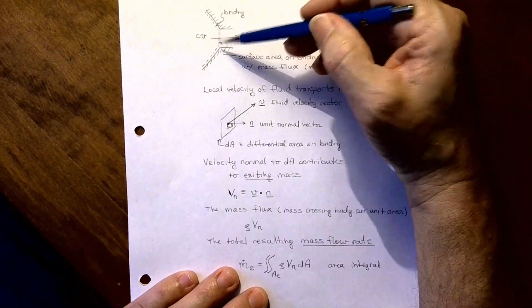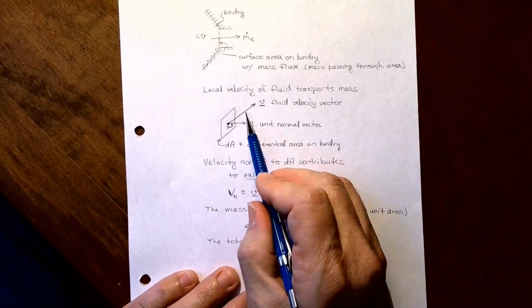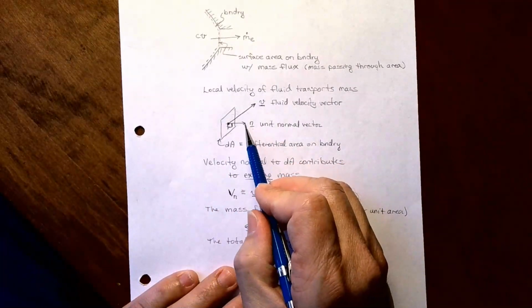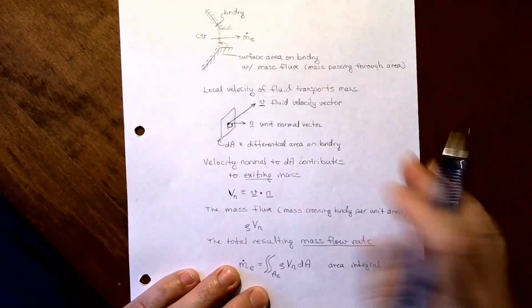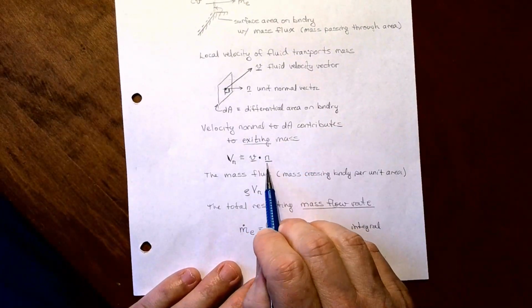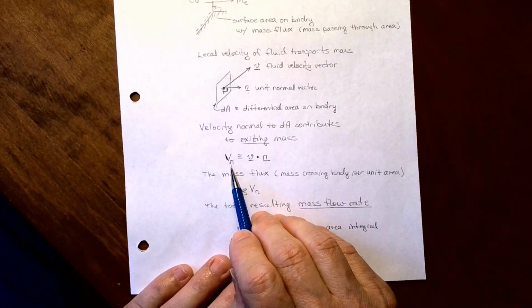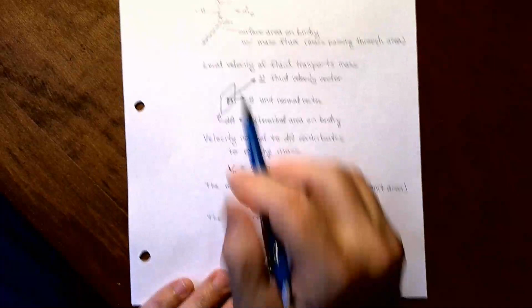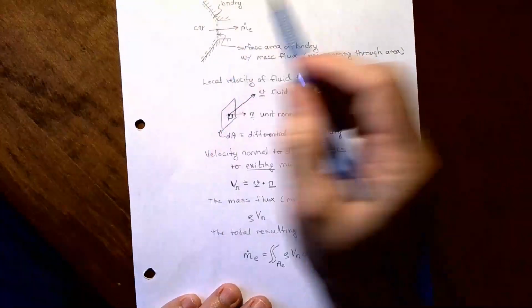So the component of this velocity that contributes to flow exiting is the component of v that acts in the n direction. That would be v dot n. Just take a scalar product or a dot product of that velocity vector with n. That gives you a scalar velocity that represents the component that's carrying mass out of the control volume.